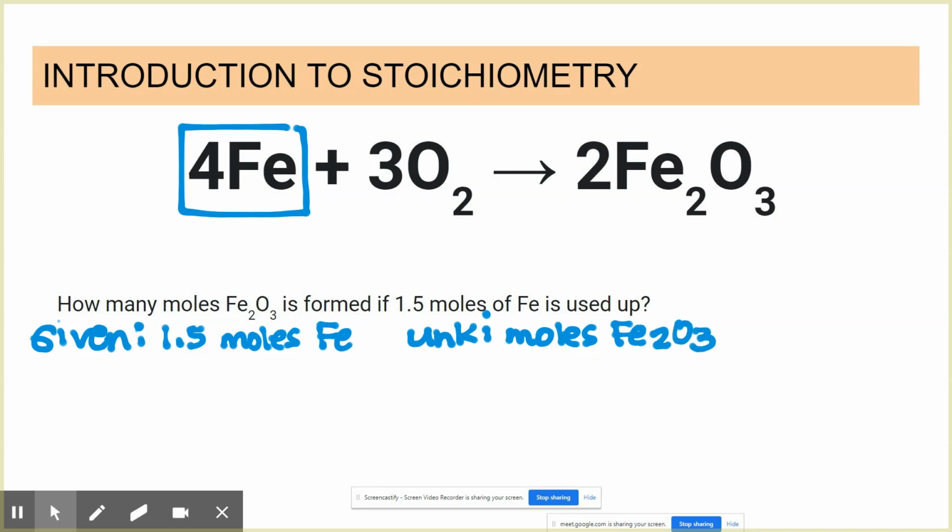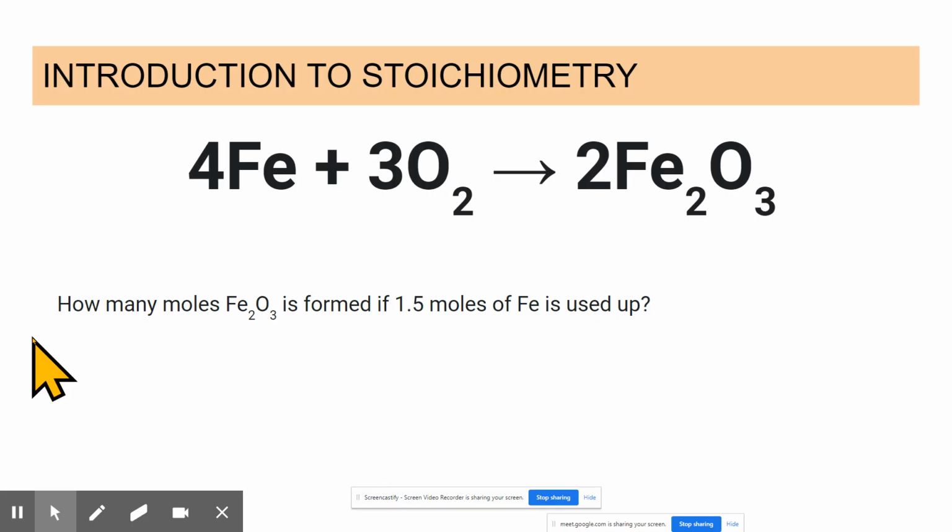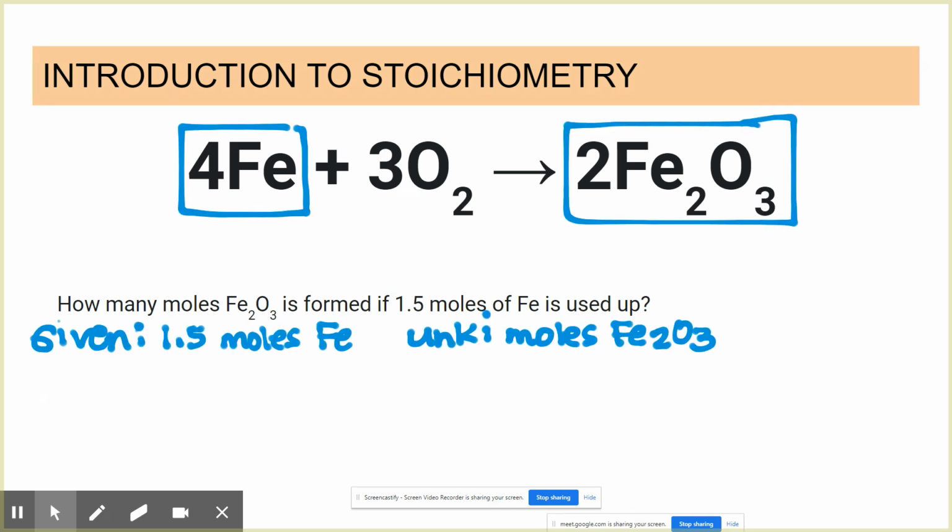All right. So let's find it in the equation. Fe2O3 is right here. Just put a box around it. Okay. And those are the two compounds that you need the mole ratio. And that's going to be what goes in the next two boxes after your given.